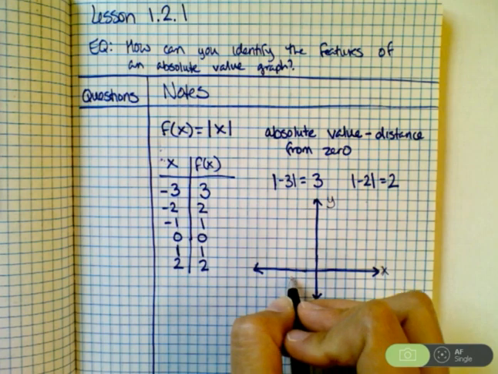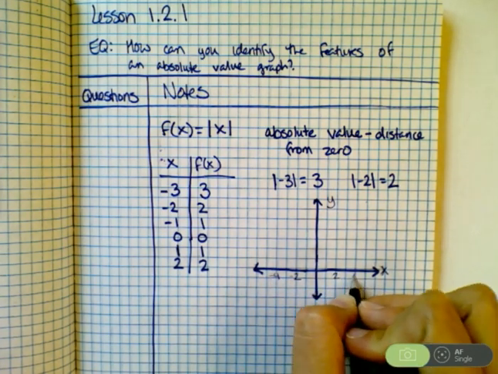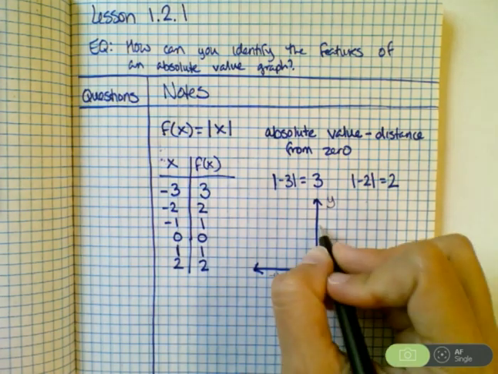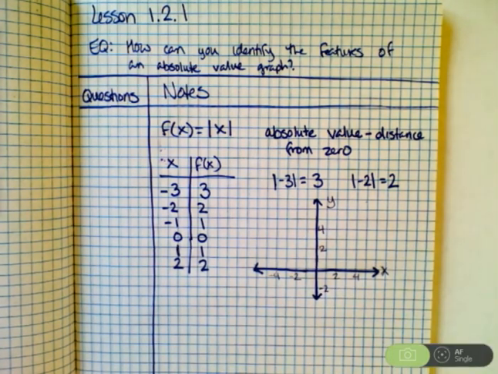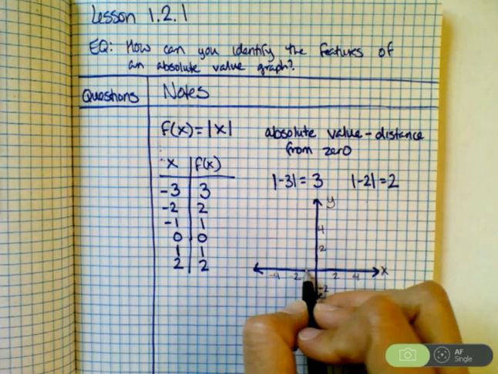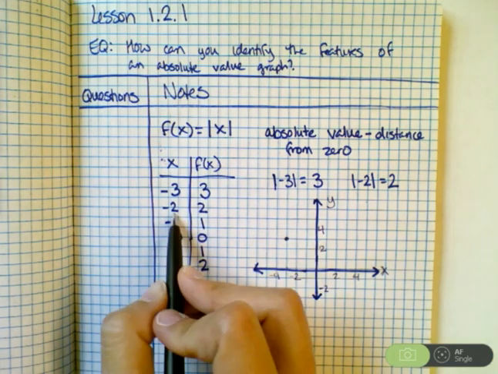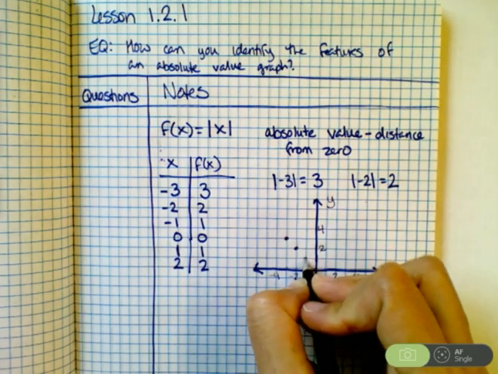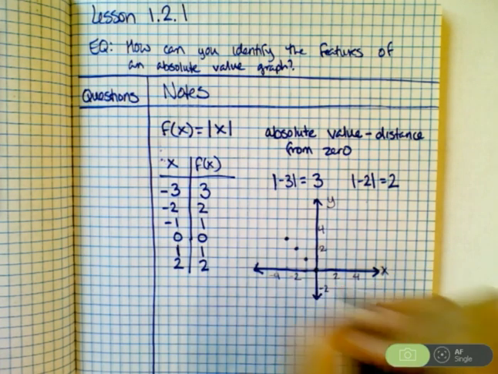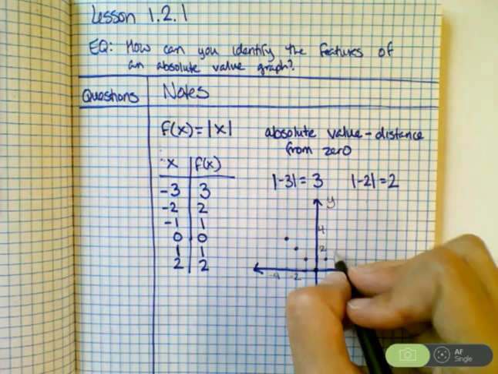So -1, -2, -3, -4, 1, 2, 3, 4, 1, 2, 3, 4, and so on, and -2 down there. So -3, 3, go back 3, up 3. -2, 2, go back 2, up 2. -1, 1, 0, 0, 1, 1, and 2, 2.